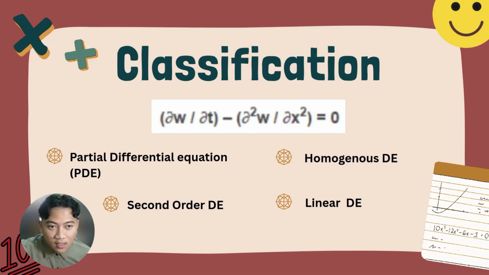Secondly, it is a second order differential equation because the highest derivative with respect to t is to the power of 1, but the highest derivative with respect to x is to the power of 2. That's why it is second order.